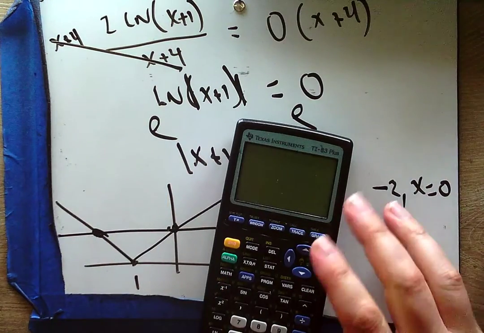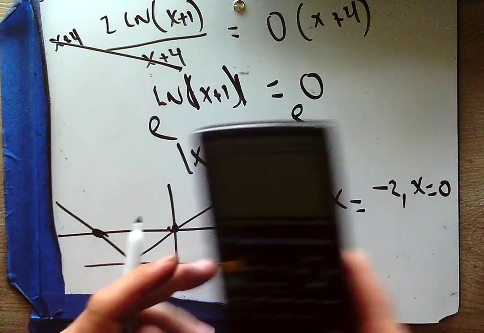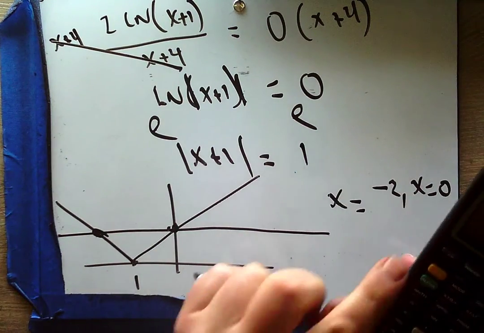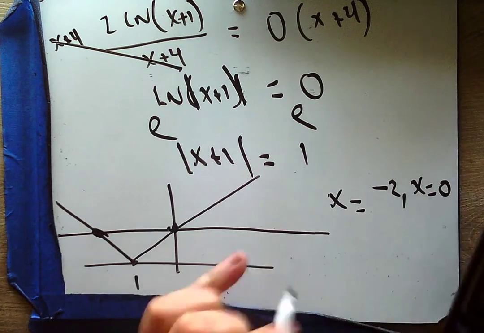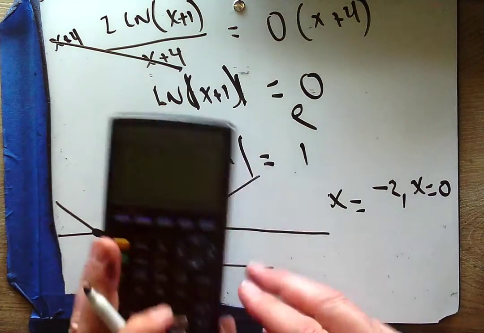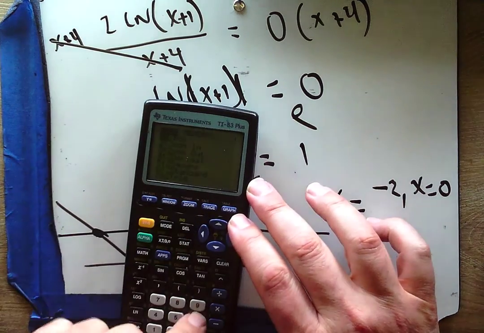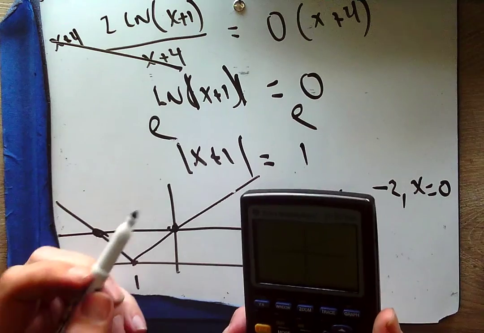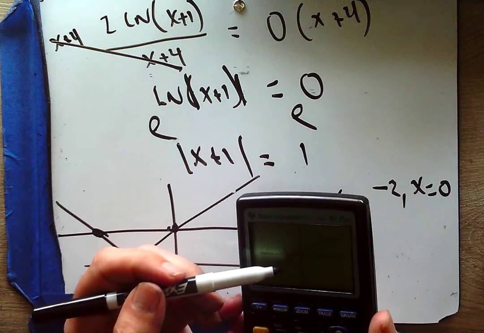You know, I kind of want to see it. So let's graph it and see. Y equals (ln(x plus 4)) squared. And I want to graph this function, so I'm going to do zoom standard. At negative 2, I see a horizontal asymptote.